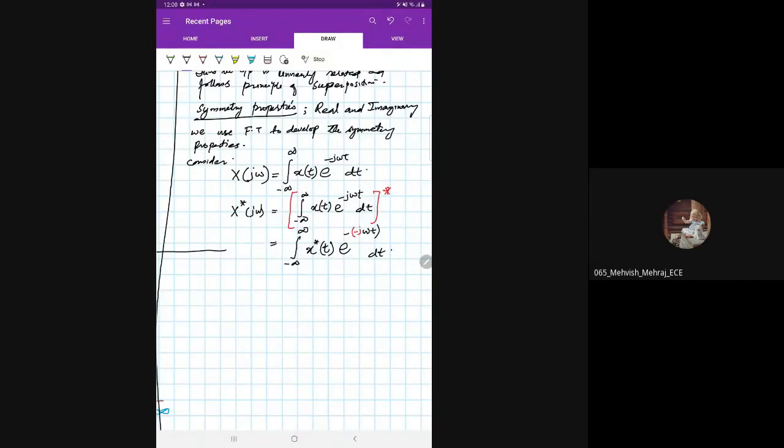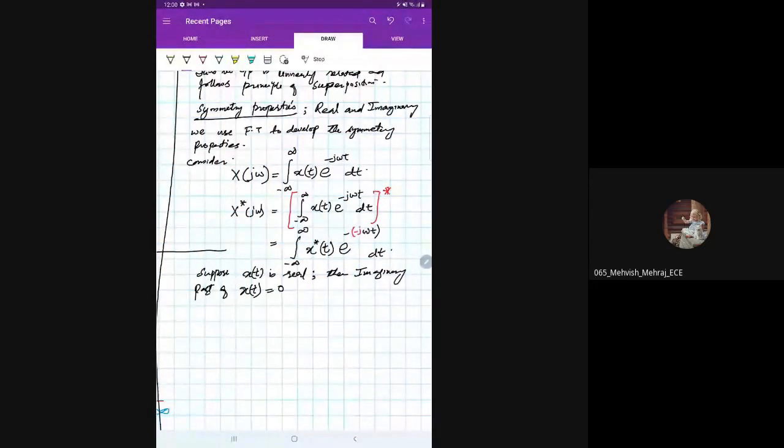Now the question is, how do we represent x of t and its conjugate? Suppose x of t is a real number. If it is a real number, then the imaginary part of x of t will be equal to 0.